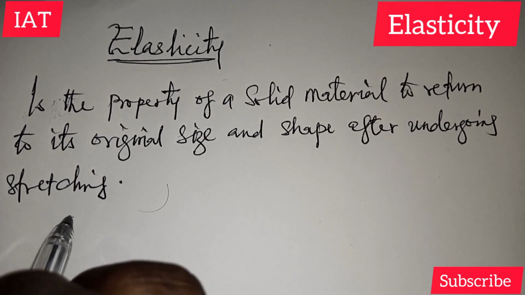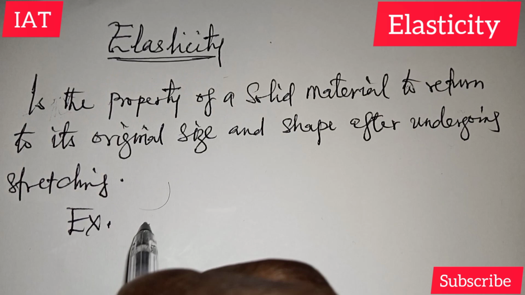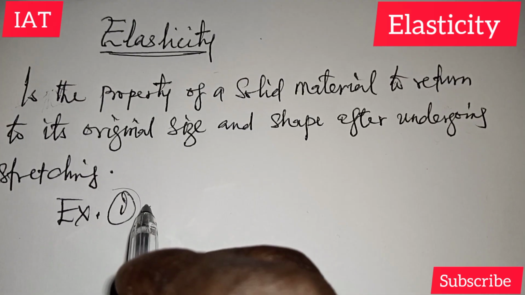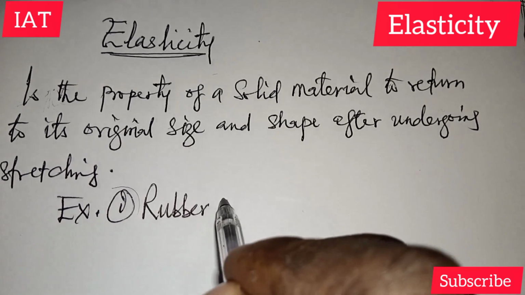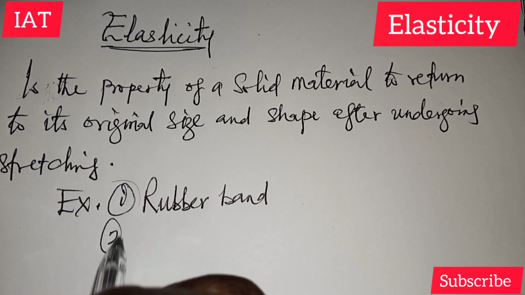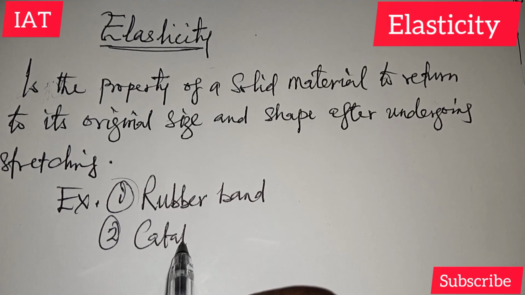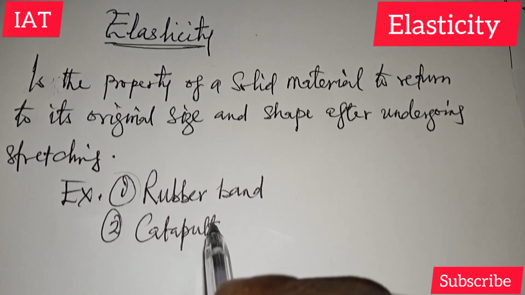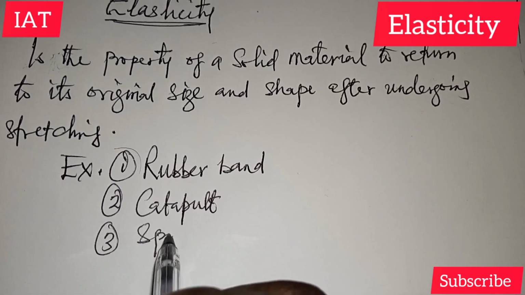So we have examples of this elastic material. One is the rubber band. If you've heard of a rubber band, it is an example of an elastic material. The catapult is also an example. We have another one called the spiral spring.